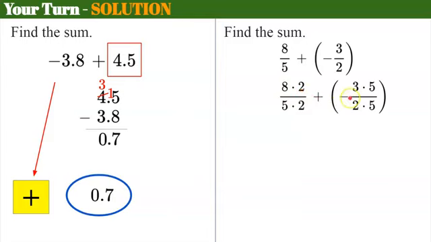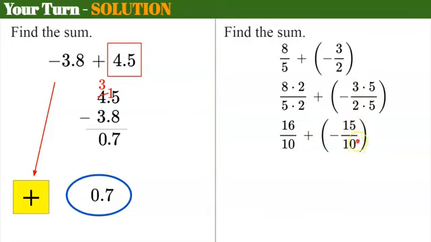Notice I've kept my negative here right now because I'm still not sure which is larger. 2 times 5 is 10. And if I multiply 2 by 5, I must multiply my numerator by 5. So let's do our multiplication. 8 times 2 is 16 over my 10 of a common denominator. And 3 times 5 is 15, again over my common denominator of 10.